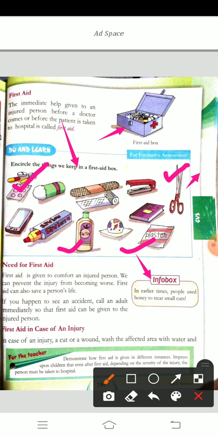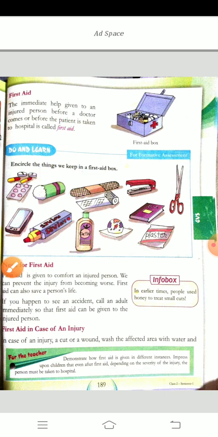Plaster, okay. Bandage, cotton. What is this? This is not needed. Pinning machine, no need. Book, not needed. So these things are necessary in the first aid box.